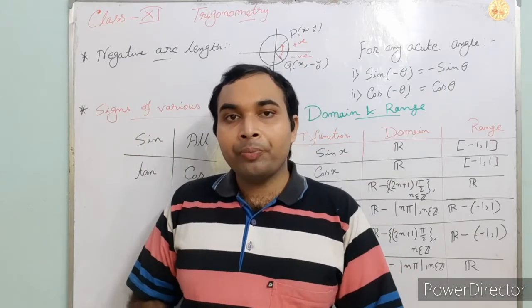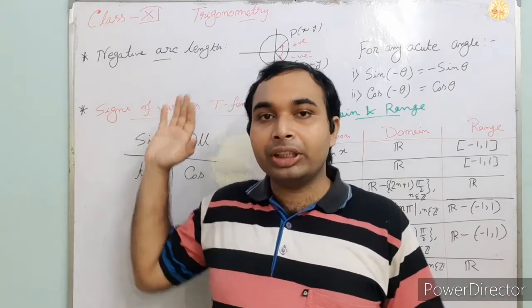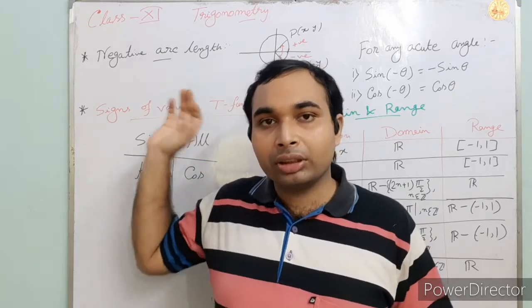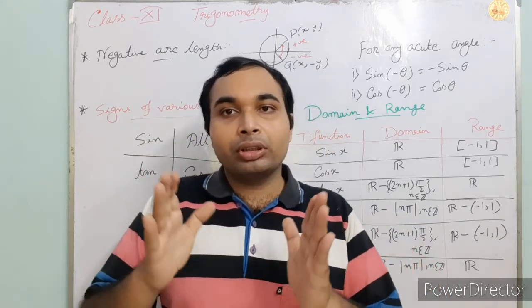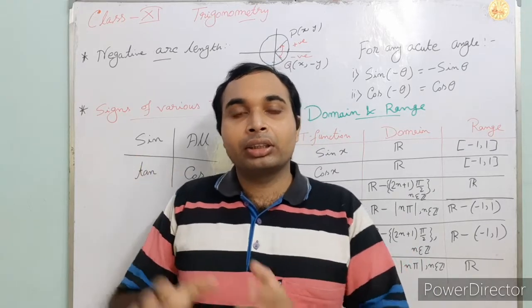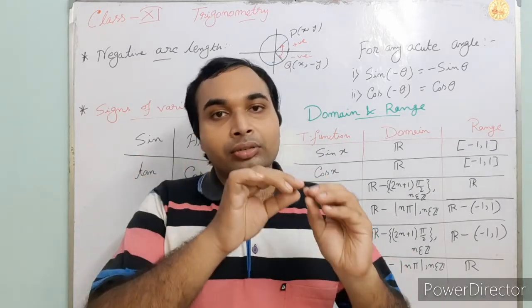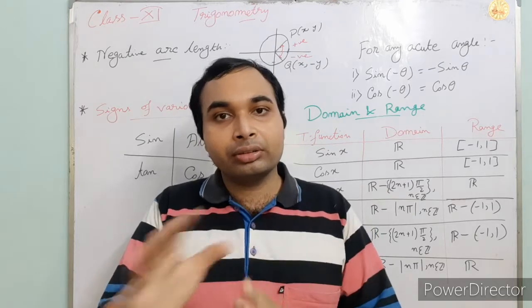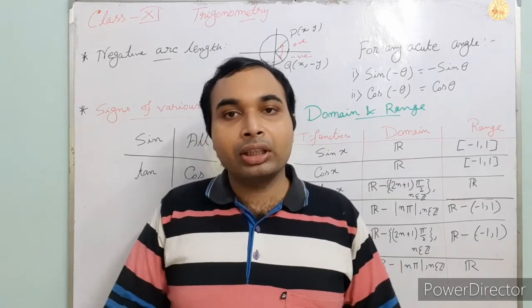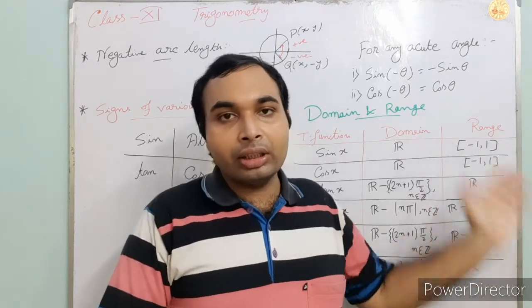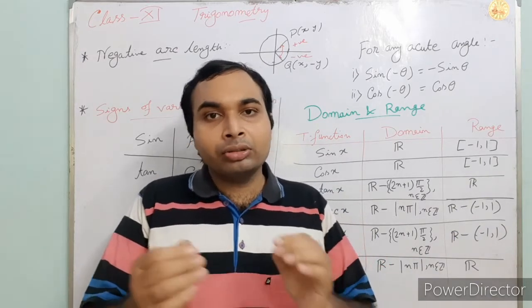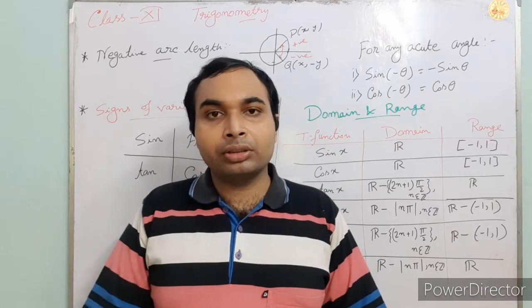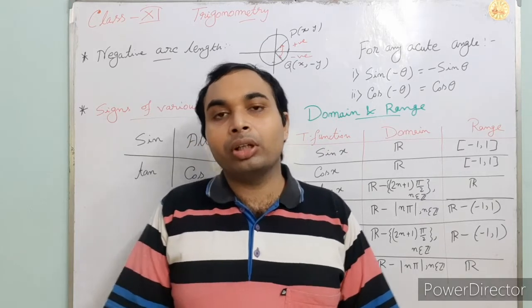Now some of the things I have written on the board, I will describe one by one: the negative arc length, the sign of the trigonometric ratios in different quadrants, and also the domain and range. After that we'll do some examples, and it will be today's video only.